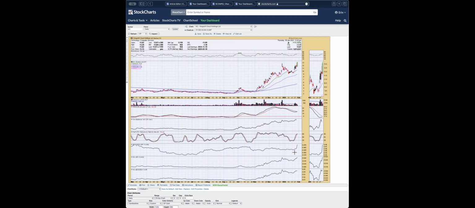Look at this. The group, the computer services group, is just outperforming in a big way right now. And this stock, KC, is outperforming the SPY, and you can see it's also outperforming its industry group. So you know that we're in a strong industry group and we have a strong stock within that group. So this is a pretty nice setup on this particular chart.